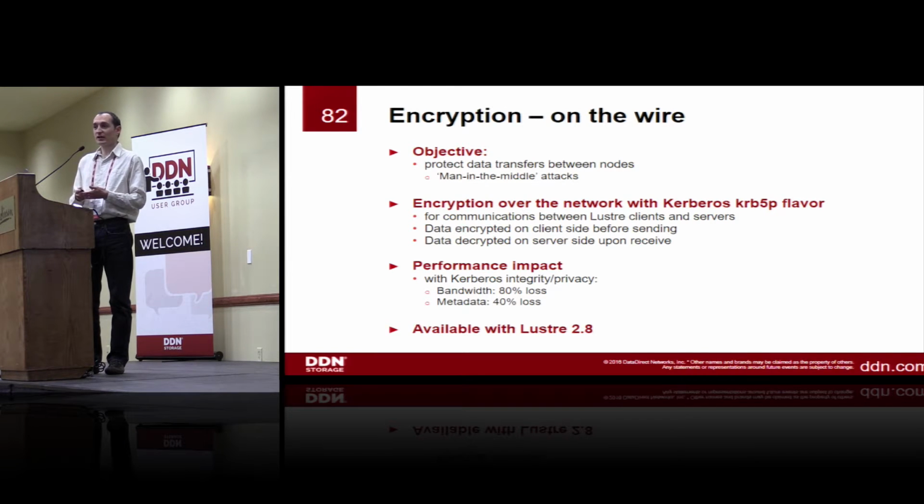Of course, it has a cost. It makes Lustre IOs really CPU bound. I have put here some figures that are quite old, more than one year old, where we could see an 80% performance drop on bandwidth performance and a 40% performance drop on metadata.